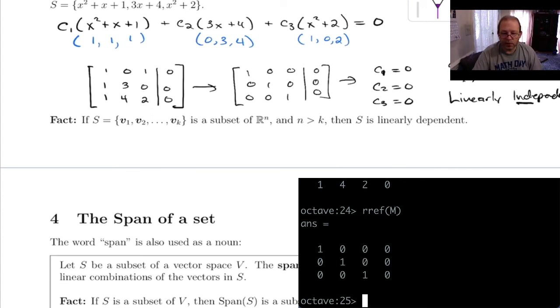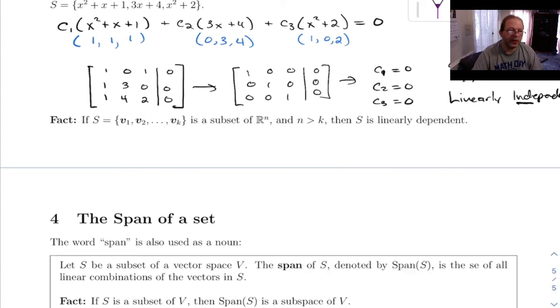All right, one other thing I want to mention before I end this video is this fact here. It says if you've got a subset S of k vectors from Rn, if n is bigger than k, that's backward. I'm going to fix this in your notes. If k is bigger than n, then S is linearly dependent.